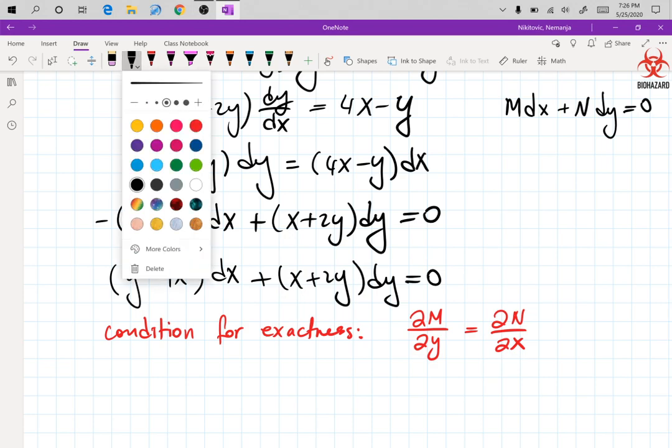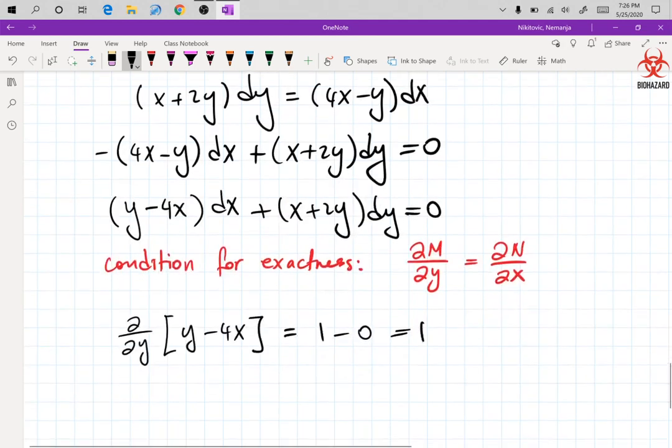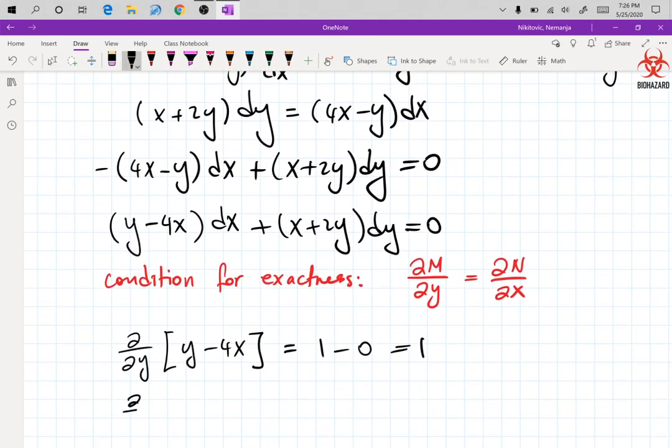So what do I have? I need to take the partial derivative with respect to y of y minus 4x. So what is the partial derivative there? Well, the derivative of y is 1, and the derivative of the other term is 0, so it's 1. Now, the partial derivative with respect to x of the other one, which is x plus 2y, is 1 plus 0, which is also 1.